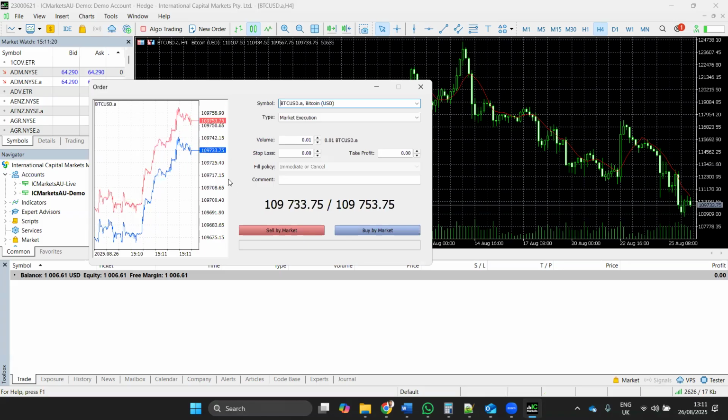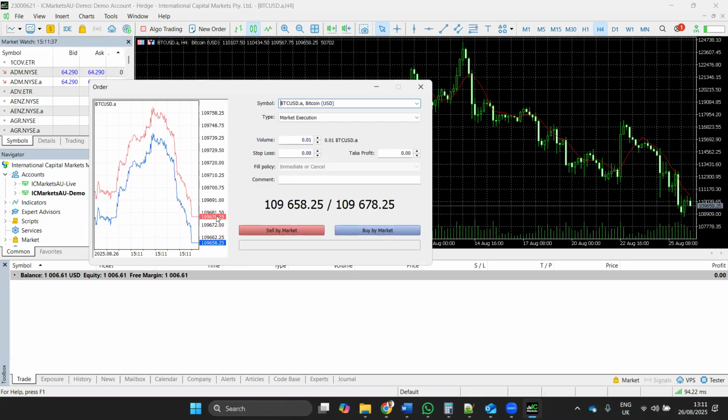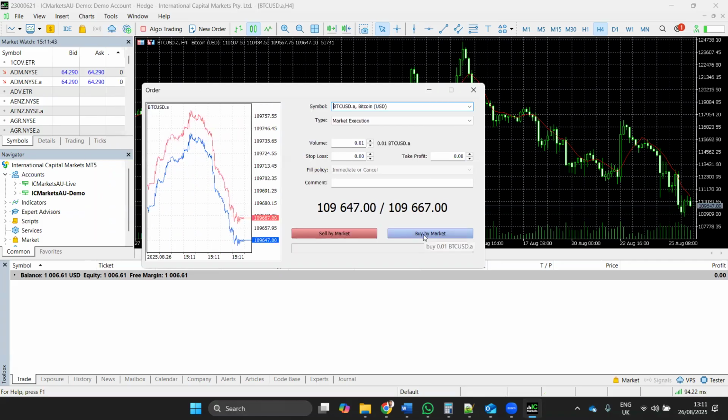Now this is very important to understand. If I buy at market, the price my trade gets executed at is the higher price, not the lower price. So my buy by market will get executed on this higher ask price.